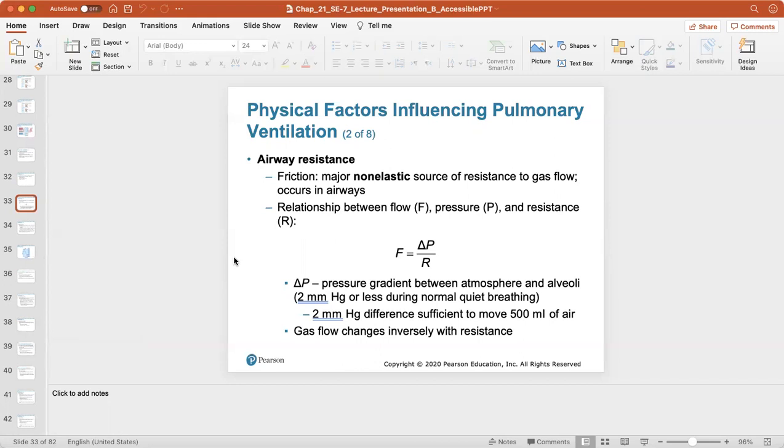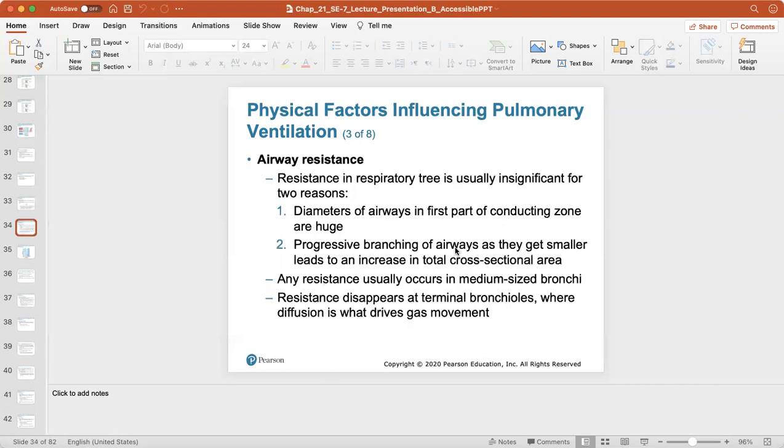And the relationship between airflow, the change in pressure, there's a little triangle, which means change, and resistance is shown here. So this just means the gas flow changes inversely with resistance. So as resistance increases in the bronchial airways, your gas flow will decrease, which makes sense.